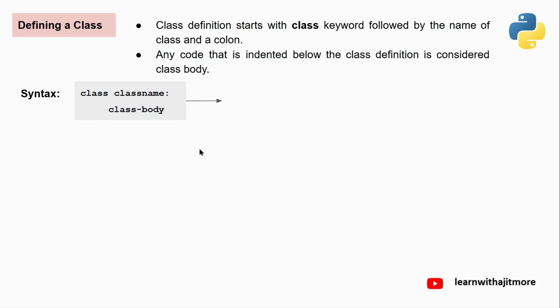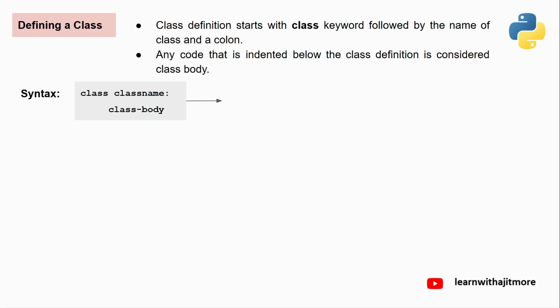Okay, and generally in the class body, what will be there? The data and the methods. That's what we studied before this topic and in yesterday's lecture. Every object is characterized by what? Its characteristics and behavior.